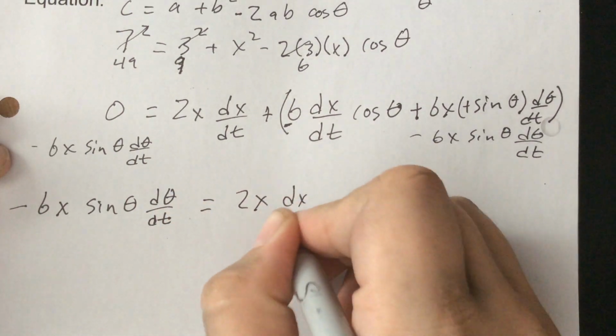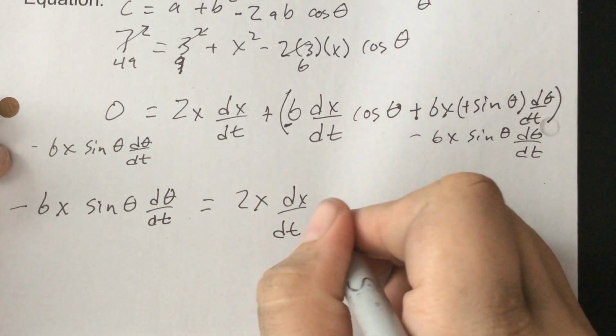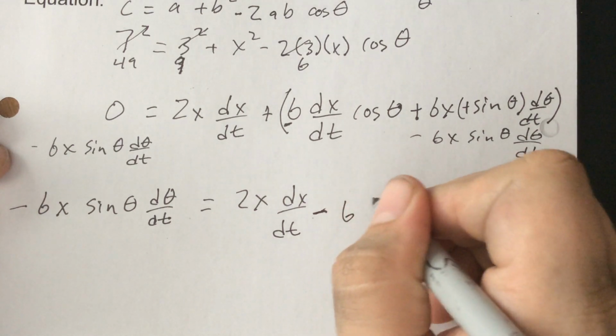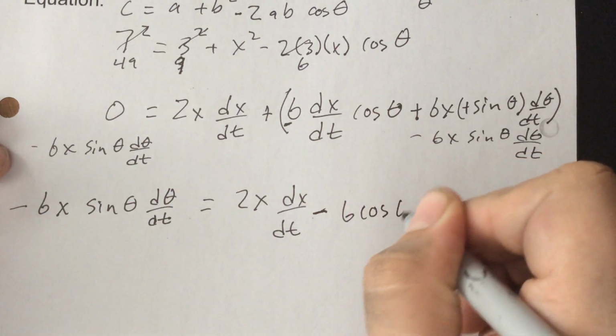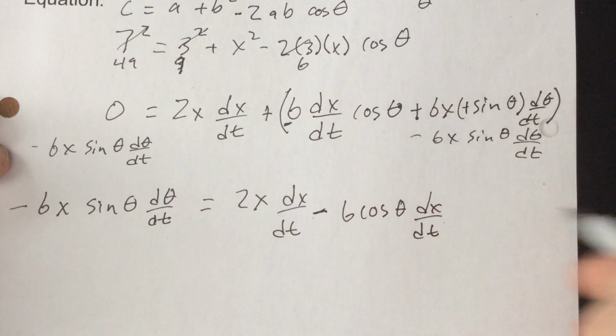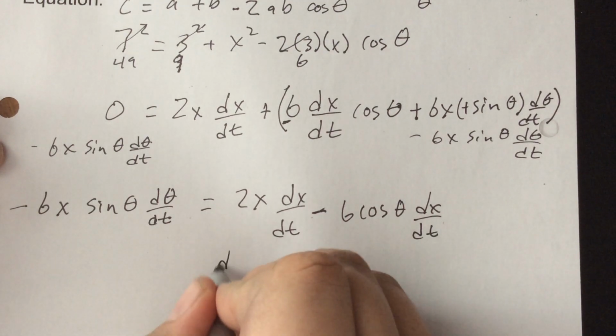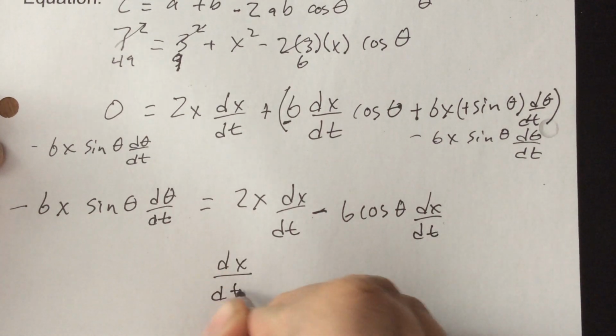So we would have negative 6x sine theta d theta over dt equaling 2x dx over dt minus, because that minus got distributed, 6. I'm going to move the cosine theta here first, and then the dx over dt. Now we have a common factor we can pull out front, dx dt.